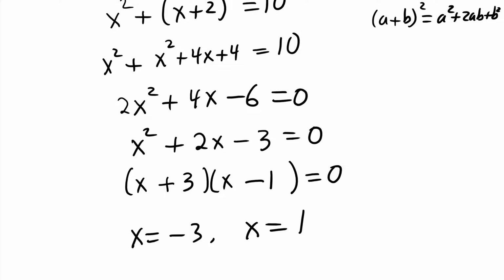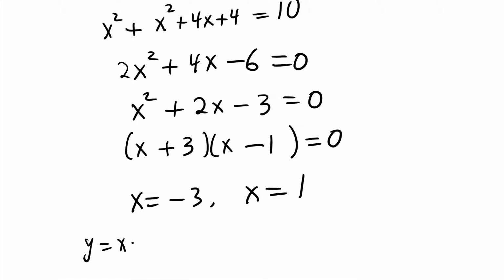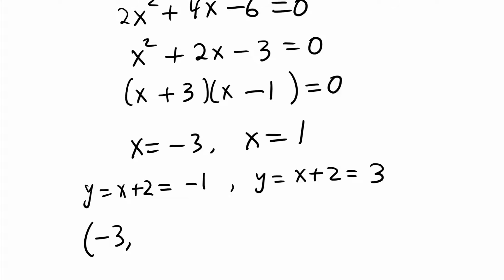Don't forget to find the corresponding y value. y equals x plus 2. That's negative 1. 1 plus 2, 3. So we got 2 points or 2 solutions, negative 3, negative 1, and 1, 3.